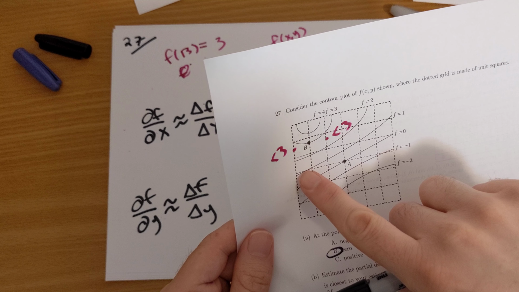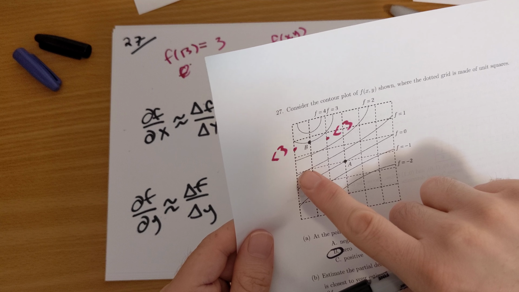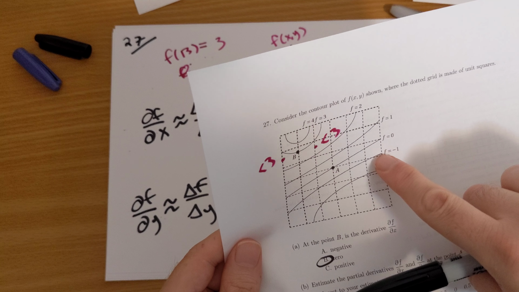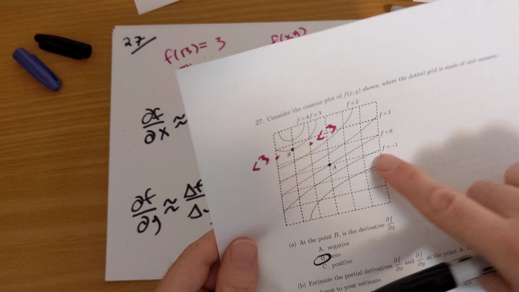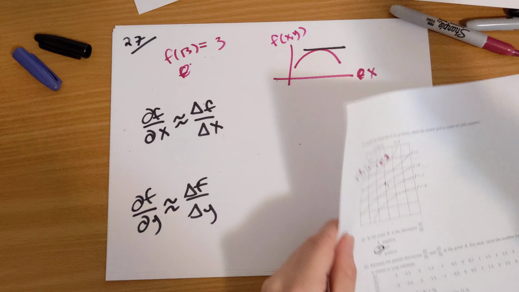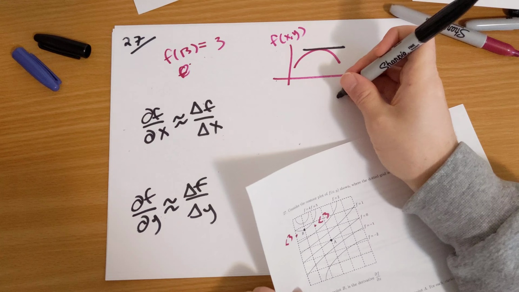So way over here, the value of f is 1. Here, the value of f is 0. Way over here, the value of f is negative. So the first thing we can tell is that this needs to be negative, because as x is increasing, we're going from 1 to 0 to negative 1.